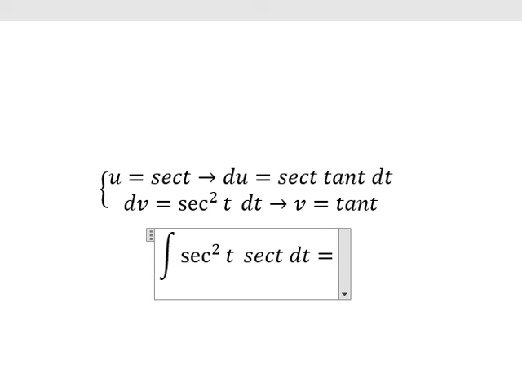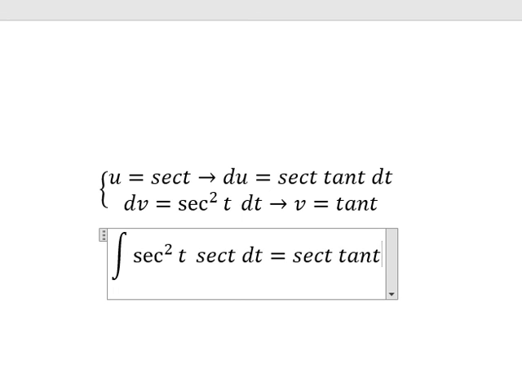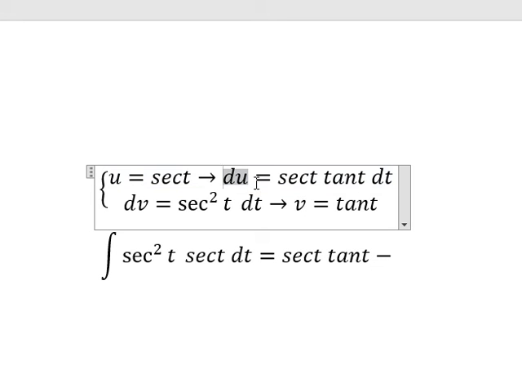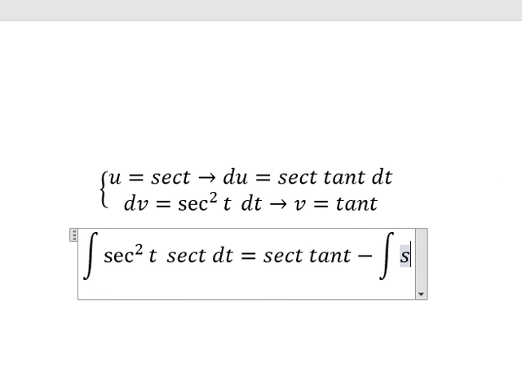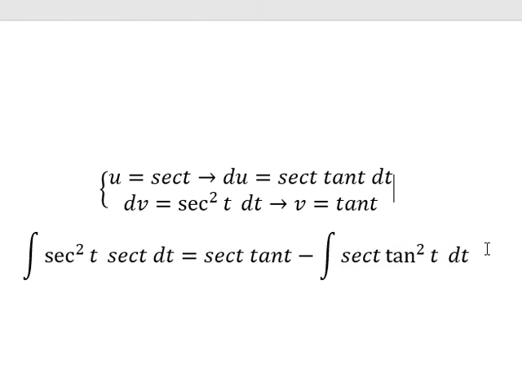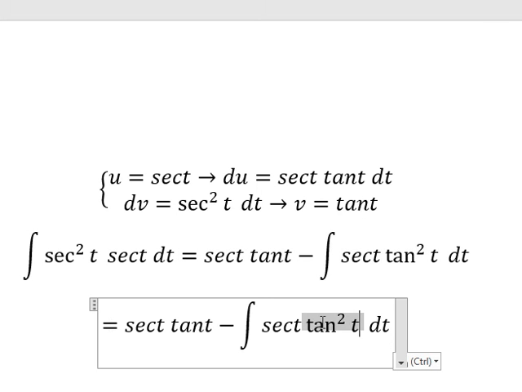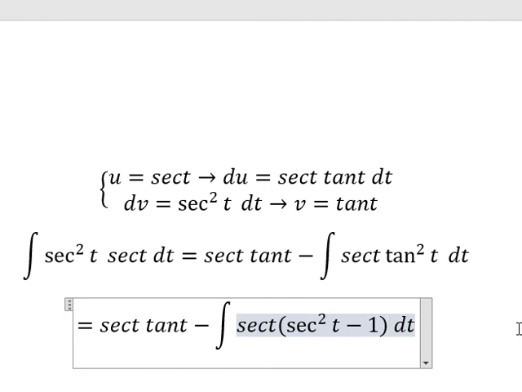So we have u multiplied by v. So we have secant of t tan t minus we have the u multiplied by v. So we have the integration of secant of t tan t square dt. So about tan t square, we can change into secant of t square minus 1.